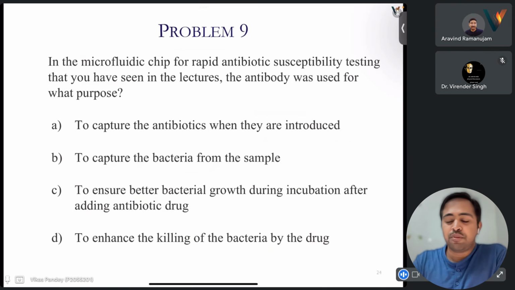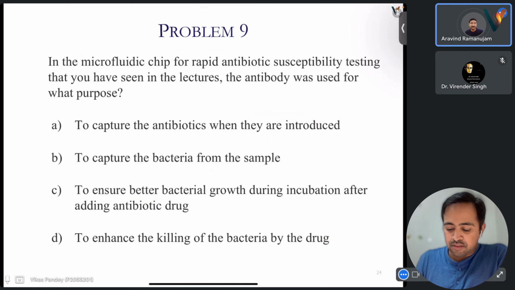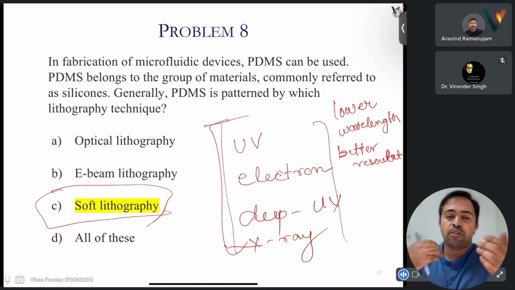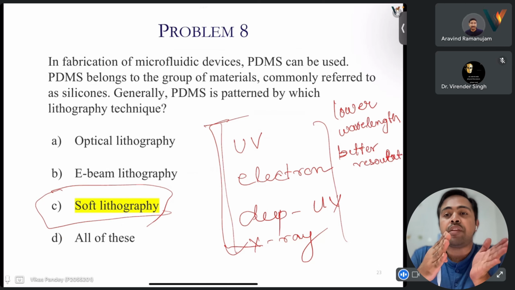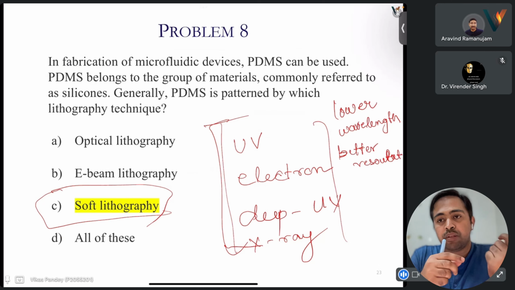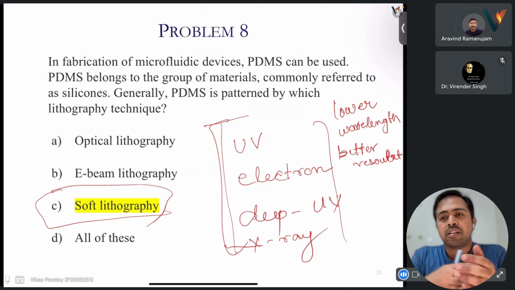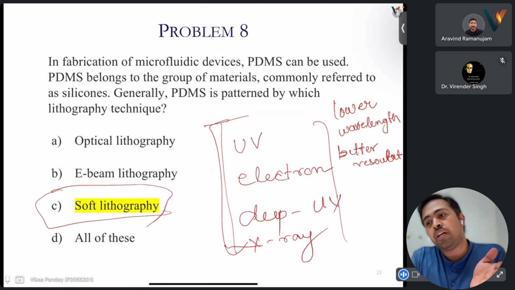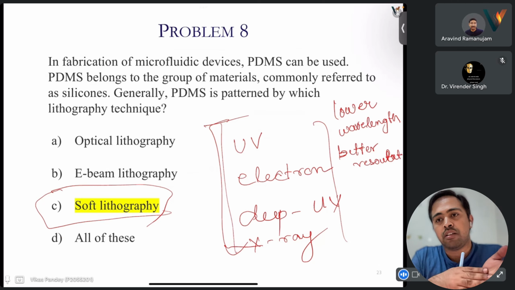Okay, so let's come to the next question. Which one is better, sir, electron or X-ray? Some part of X-ray actually coincides with the electron wavelength. So in that part, certainly they will perform similarly, but X-rays go till 10 to the power minus 12, I think.